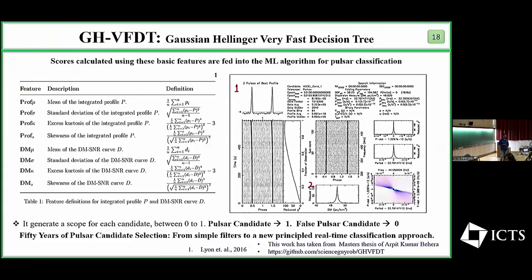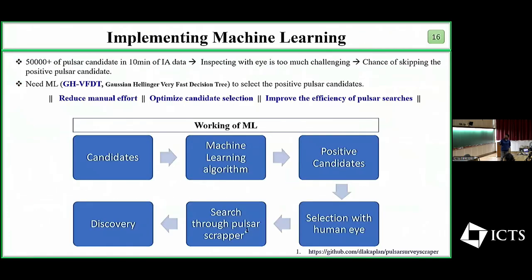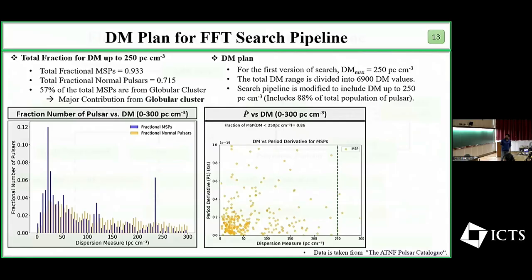I just had a small question. For the FFT pipeline, you have taken a DM limit of 250, but for the FFA pipeline, it's 500. Why are the two different? I saw in this plot that most of the MSPs reside within these 250 limits.